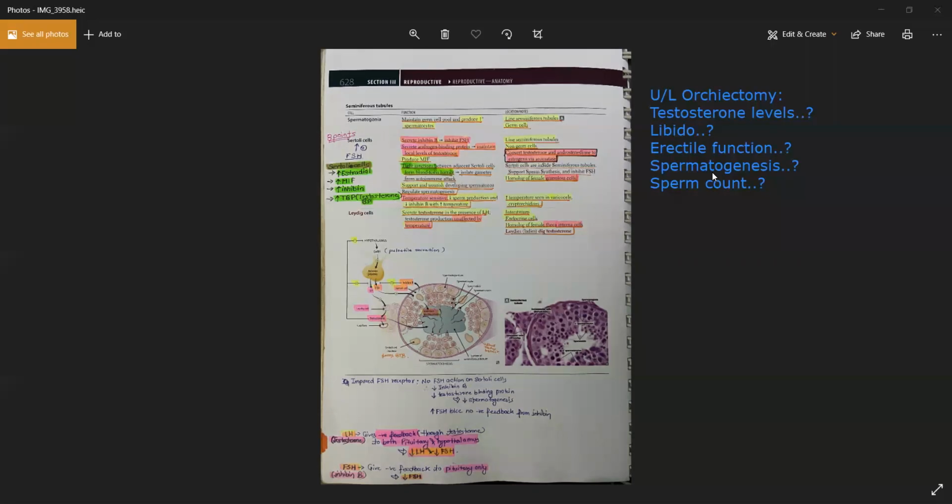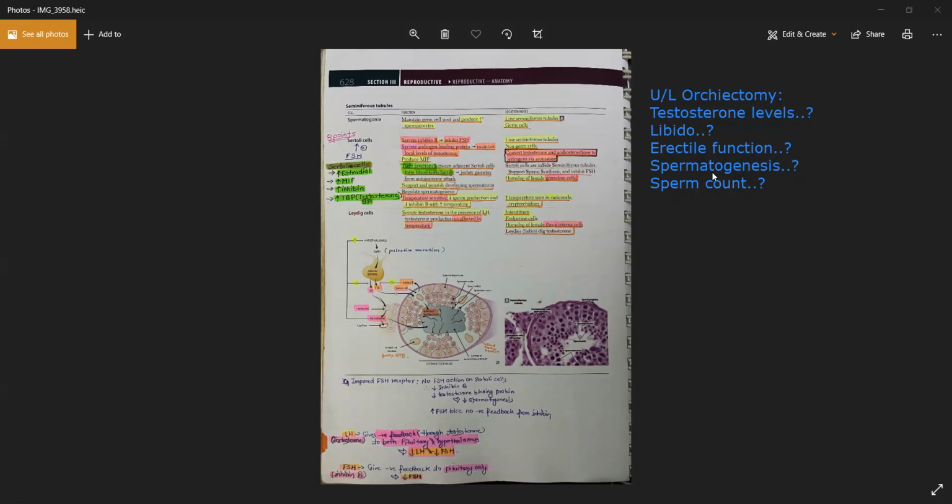Yes. And then again, negative feedback will now increase the GnRH, LH, and FSH. And the remaining testis will try to compensate and will release more testosterone from the Leydig cells. That's it. So libido and erectile function will be okay.